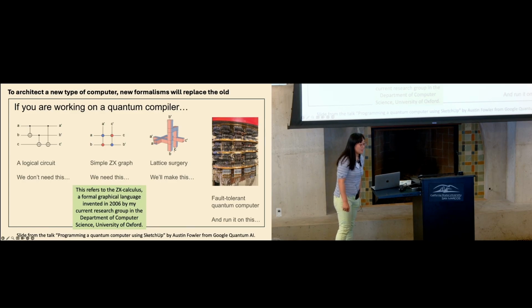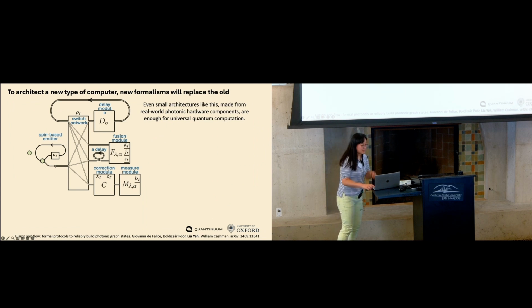I would say at least the top 4 biggest employers in the quantum computing industry, Quantinuum, Google, IBM, and PsiQuantum, I think, are using the ZX calculus in their research papers. So it's interesting as a skill.